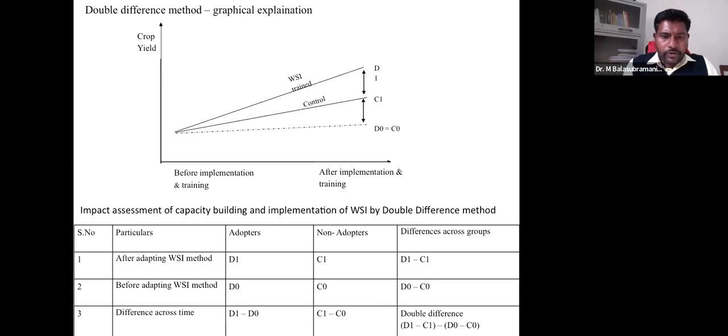After adopting water saving interventions, the adopters are D1 and the non-adopters, the control group, C1. Before adopting, they are D0 and C0. The double difference which I mentioned here is D1 minus C1 minus D0 minus C0.